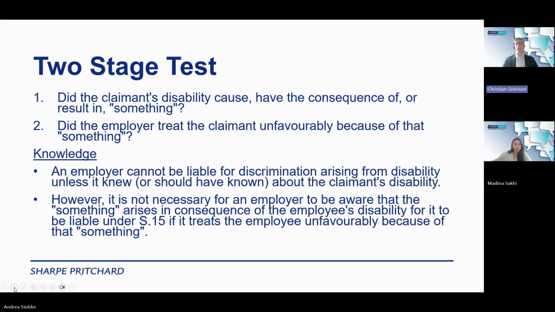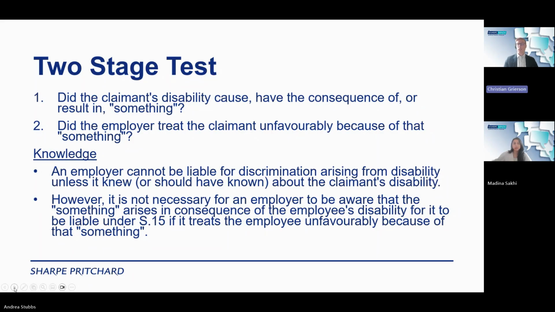And so to consider this Section 15 claim, the tribunal will look at a two-stage test. Firstly, did the claimant's disability cause, have the consequence of, or result in something? You then turn to the second element. Did the employer treat the claimant unfavorably because of that something?